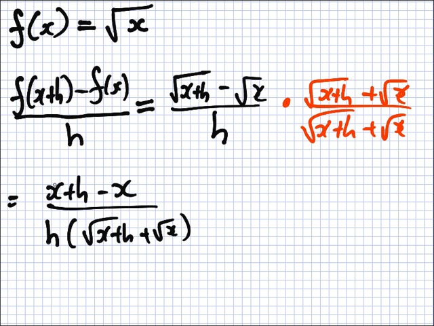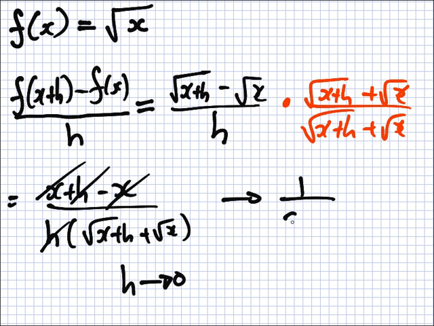What happens to the x's on the top? They cancel, and the h cancels. And then when you make h go to 0, this becomes 1 over (root x plus root x), which is also known as 1 over 2 root x. Easy peasy.